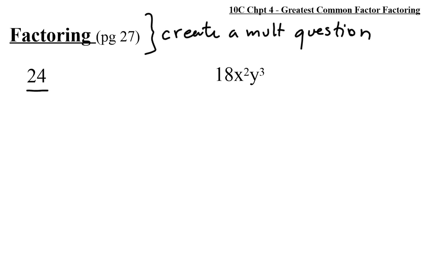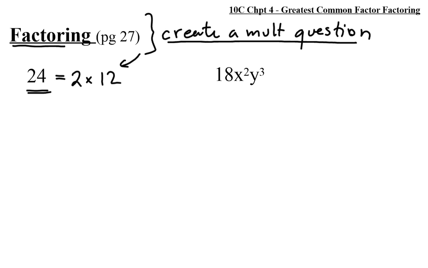So something as simple as 24. You guys actually started factoring back about grade 3 when you had to take a number and write it as a multiplication question. Well, how can 24 be written as multiplication? Well, it could be 2 times 12. What we've done is we have factored the question because we created a multiplication, 2 times 12 for 24.